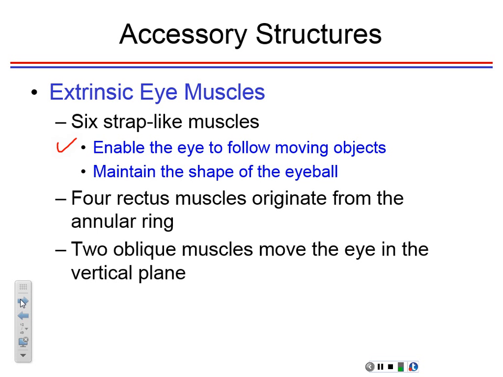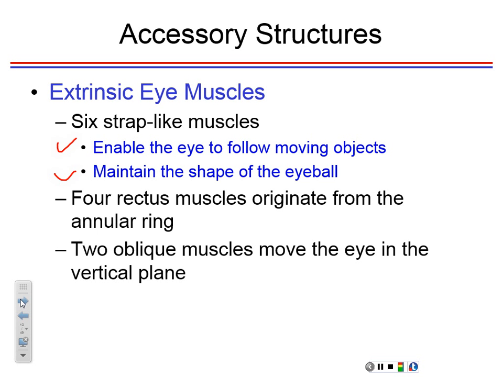And these muscles are controlled by the oculomotor. Remember the oculomotor, and the trochlear controls the superior oblique. Okay, and the oculomotor controls the medial, the superior, and the inferior rectuses. All right, and also they maintain the shape of the eyeball too.